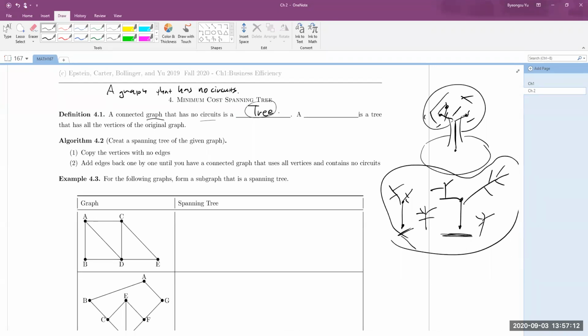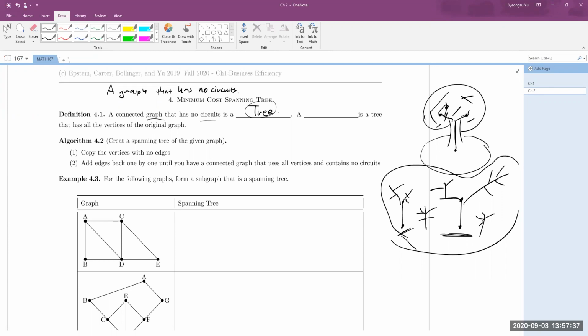Path. A path is just some way of getting from one vertex to another vertex, so I think it is not applicable in this situation. Then what is a bunch of trees? Forest. That's the answer.